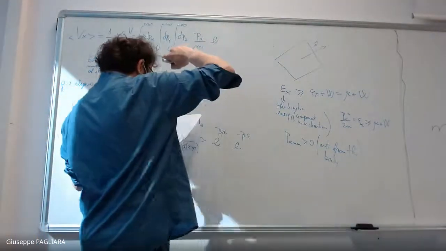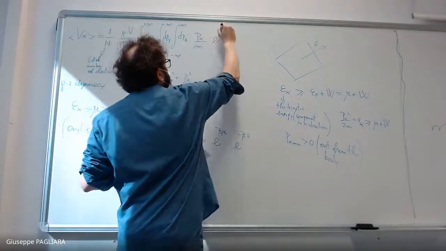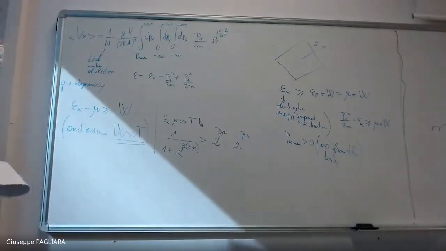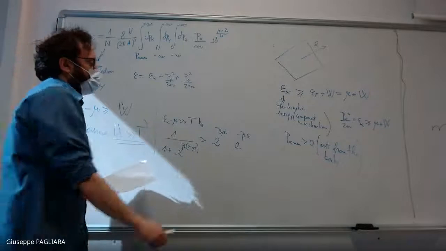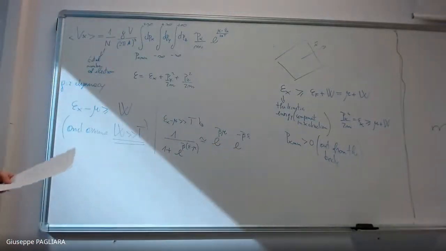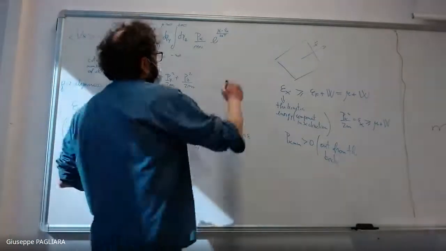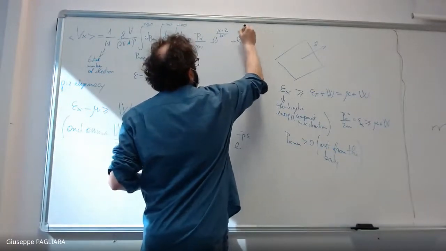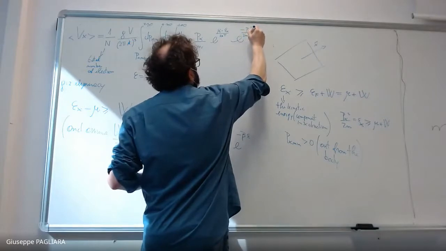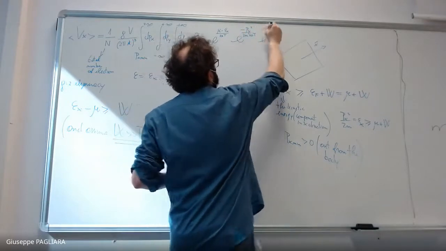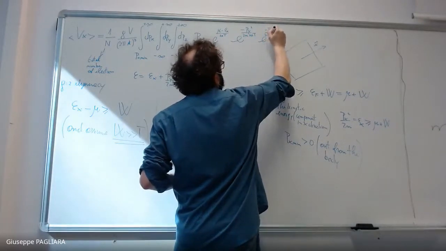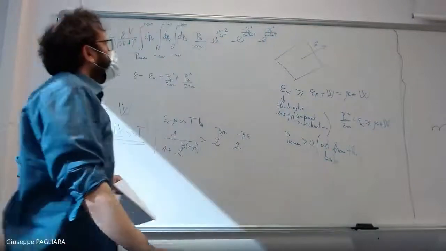So one of these is the exponential of mu minus epsilon x divided by kBT, which corresponds to epsilon x here. Then we will have two Gaussian integrals, the exponential of py squared divided by 2m kBT, and the exponential of pz squared divided by 2m kBT.